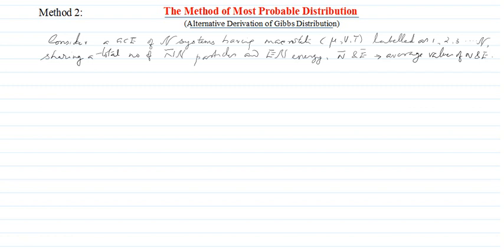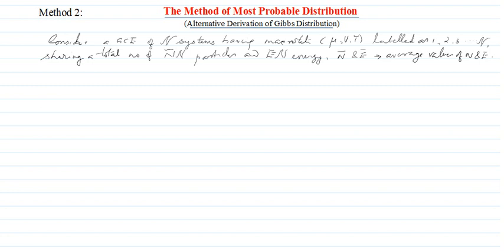Since the particle number is permitted to change, that is why in place of n we are taking n bar. Also the energy of a system in a grand canonical ensemble is permitted to vary. Hence, average energy E bar is used, and when E bar and N bar are multiplied with the script letter N, which is the number of systems, we get the total number of particles in the ensemble.